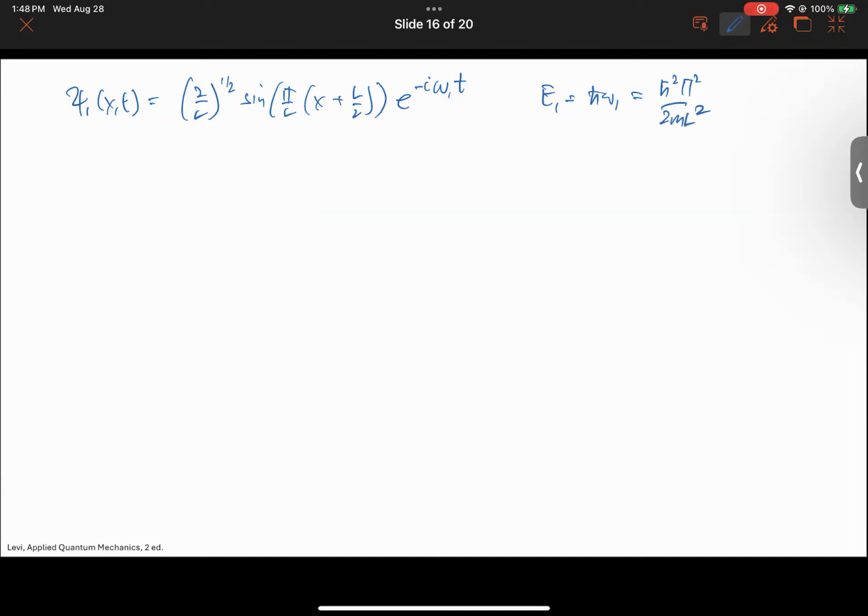If you recall, our eigenfunction is square root of 2 over L, sine of pi over L times x plus L over 2, times exponential negative i omega_1 t. And our eigenvalue is ħ omega_1 equal to ħ squared pi squared over 2mL squared.